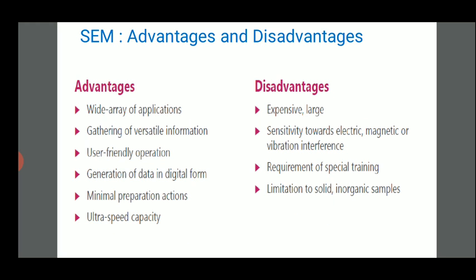There is a requirement of special training, so to handle the equipment it requires some special training, and a limitation to solid inorganic samples. So these are some of the disadvantages, or limitations, of scanning electron microscopes.